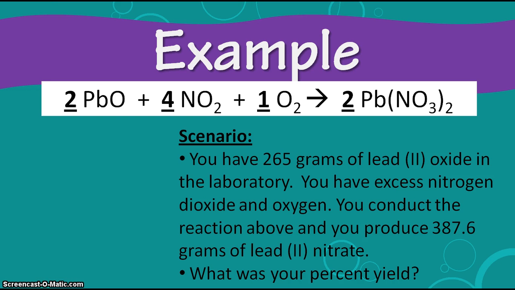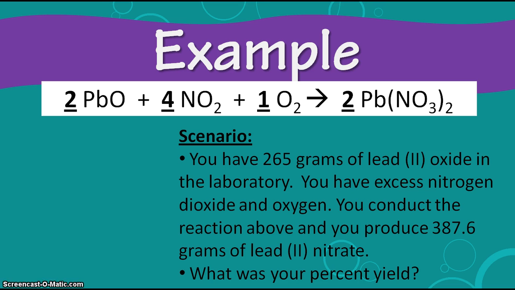So you conduct the experiment in the laboratory and you measure the amount of product that you produced, and you found that you had 387.6 grams of lead-2 nitrate produced. So we want to know what your percent yield was. Let's first stop and think about this 387.6 grams. What does this value represent? Our actual yield or our theoretical yield? Well, of course, this is our actual yield.